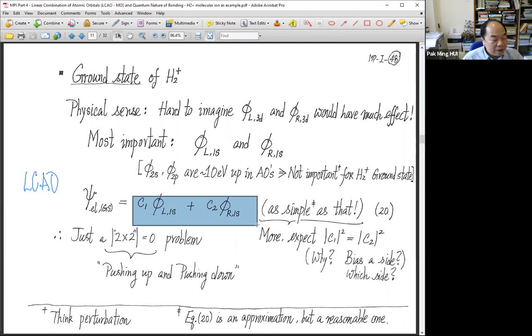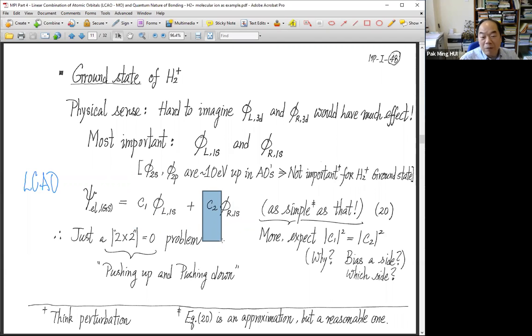That is to say, I use a basis of two atomic orbitals, 1s left, 1s right. That's it. So I have two coefficients. They are unknown. You can do a variational calculation to find them.